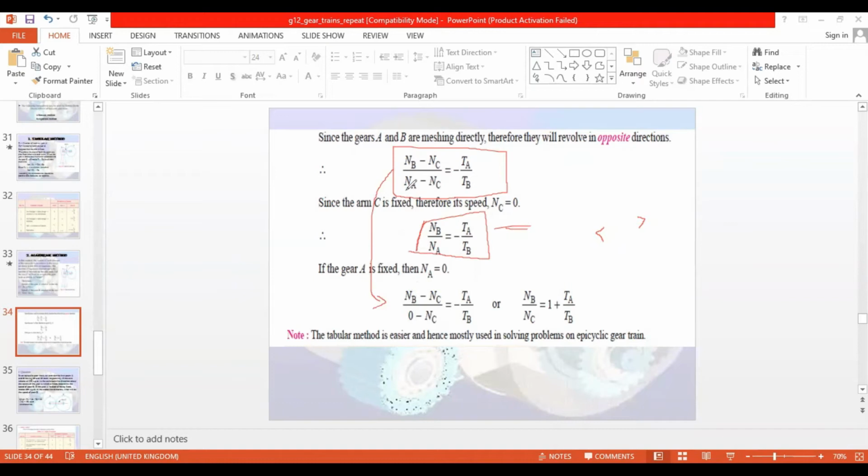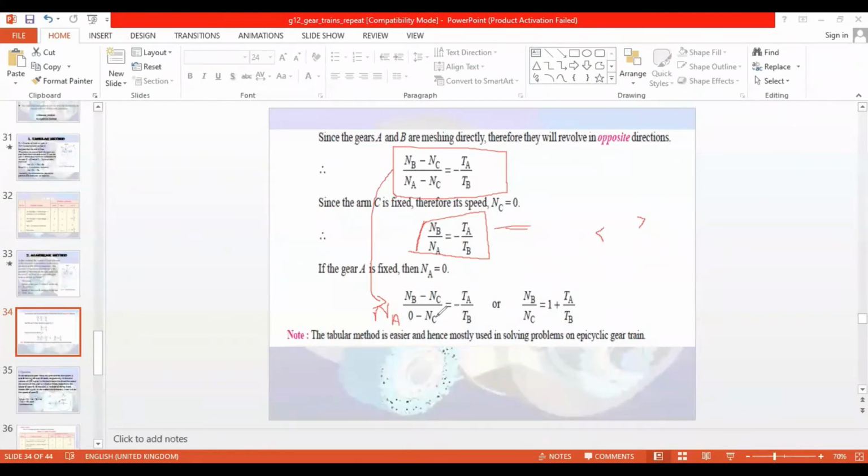NA, I said now, is fixed, that is 0. So this equation will reduce to NB minus NC upon 0 minus NC. Why? NA is equal to 0. 0 minus NC is equal to minus, TA upon TB, right?